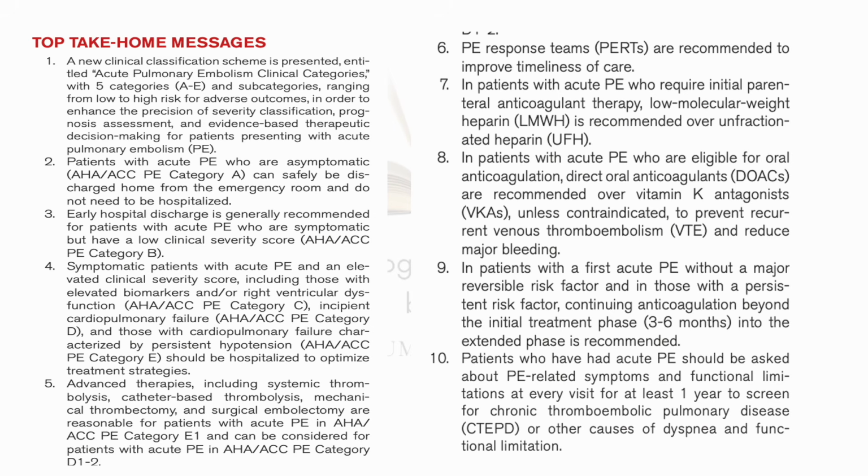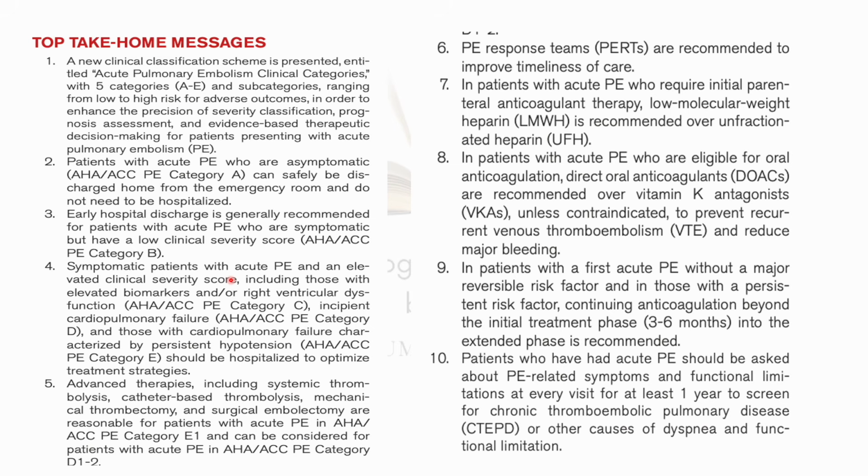So, for spoilers, the 10 top take-home messages from this guideline include categories A to E for acute pulmonary embolism. It includes managing patients who are asymptomatic to be safely discharged home if they are not in the severity grade. Early hospital discharge for patients with acute PE who are symptomatic but have a low clinical severity score.